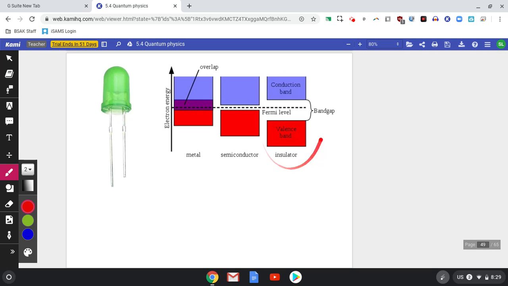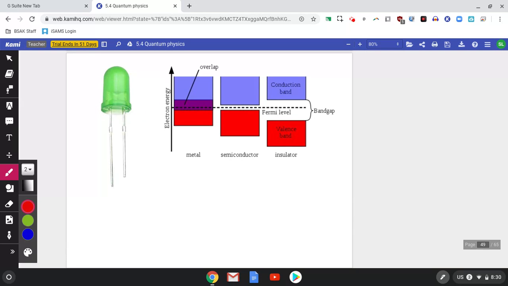With insulators, there's a big gap that cannot be crossed unless there's an extremely high potential difference across the insulator, and then we get something called electrical breakdown. Semiconductors are slightly different. The gap is small enough for some electrons to get across, and once they're into the conduction band, they conduct. Semiconductor diodes work like this.